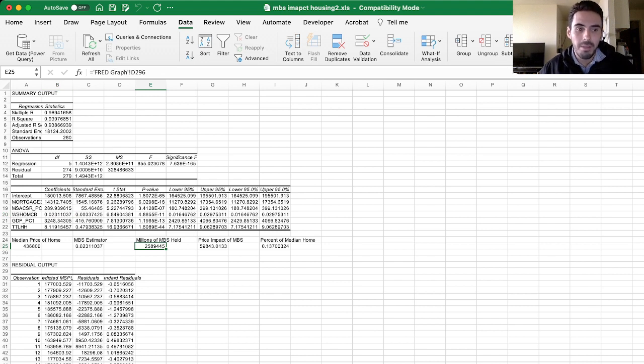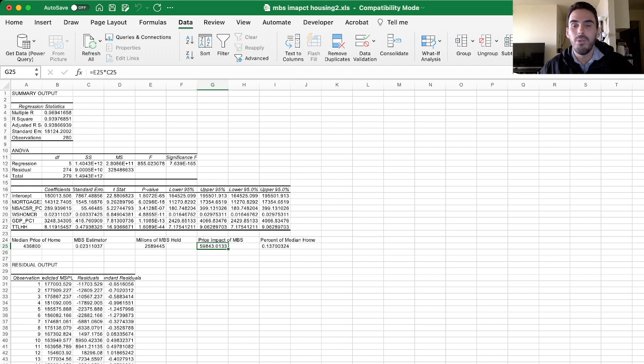So if the median price of a home in the United States right now is roughly $437,000, and this estimator is roughly a 2.3 cent increase in the price of a median home for every $1 million in mortgage-backed securities held by the Federal Reserve, and we know that they hold 2.6 trillion in mortgage-backed securities, that means that if they did not have any mortgage-backed securities today, this analysis says that the price of the median home today would be $60,000 less.